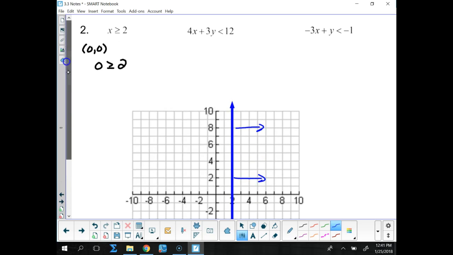Okay. Second one. Solve for y. So that means I go up 4.